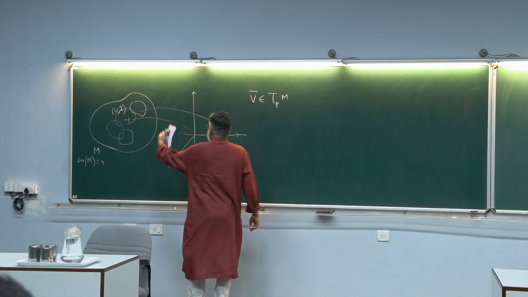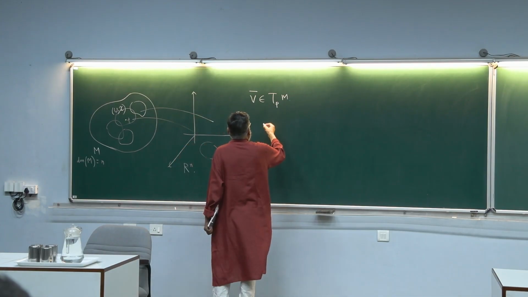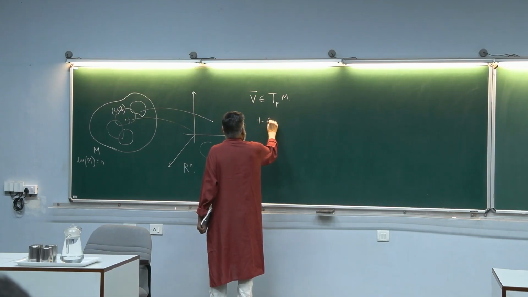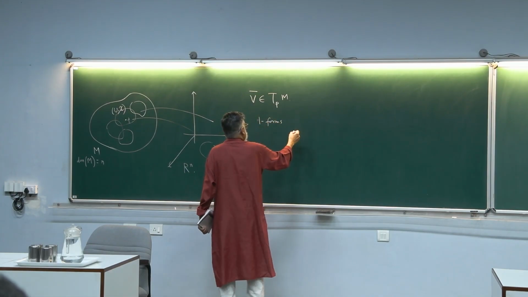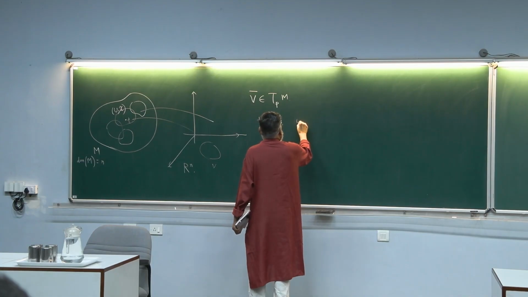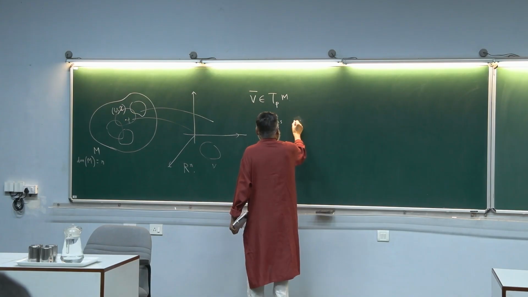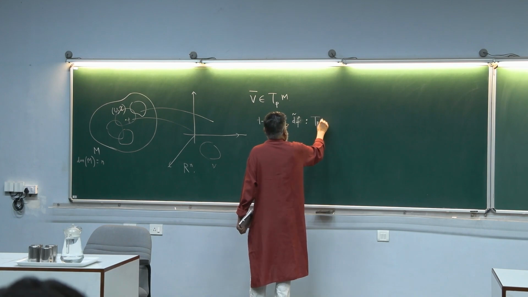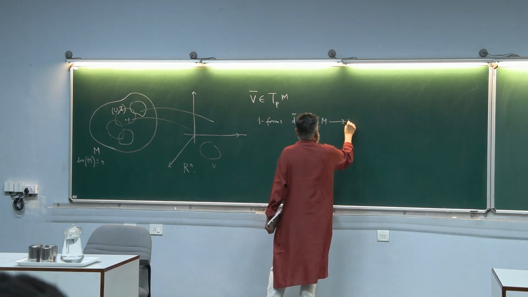Similarly, we defined the one forms. You can generally call them d of f, one forms d of f, which are essentially objects that operate on TPM to produce a real number.